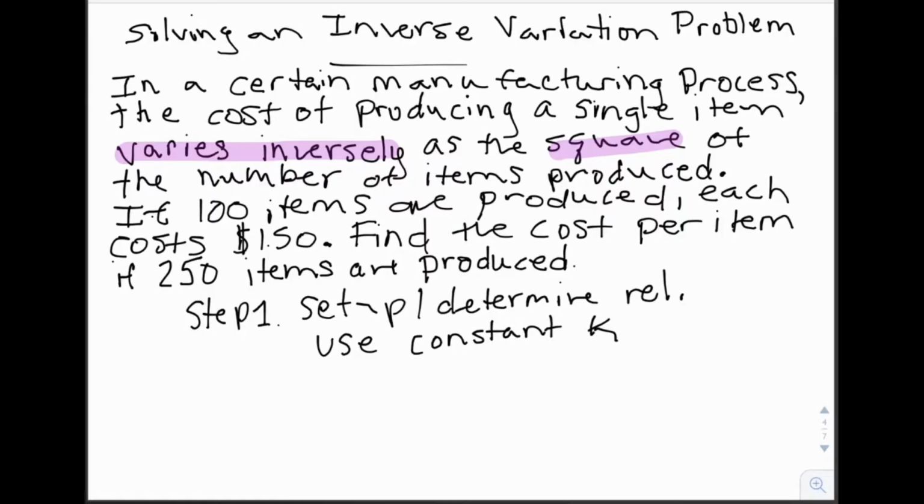So this one tells us varies inversely, and it gave us a power, and that is going to be the degree of 2. So y is equal to, and it told us varies inversely, so again that k is going to be on top, and x is going to be raised to the second. So let's figure out what our y and what our x represents.